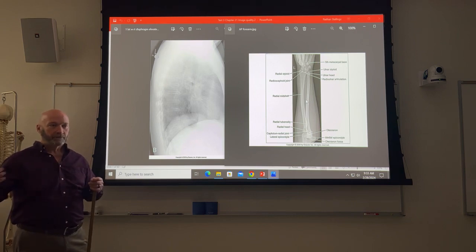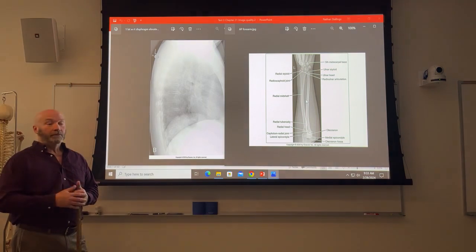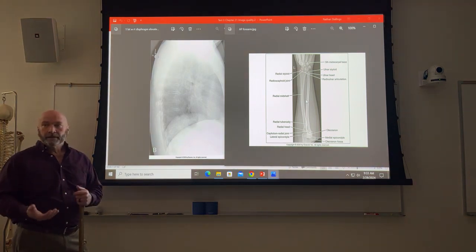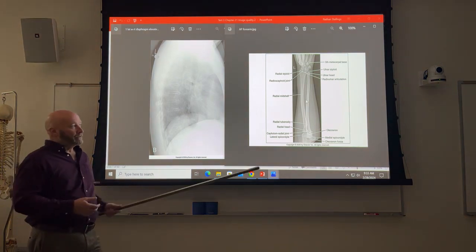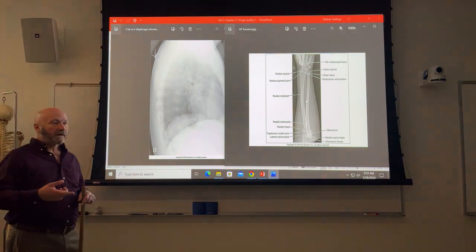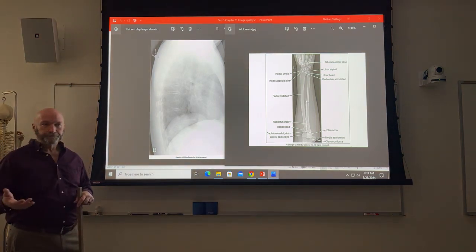Shoot it over and over again with differing KVPs and mass and see if you see any difference. You won't really, unless you again really do something goofy. But if you use a different algorithm, you're going to see some differences in your density and contrast.